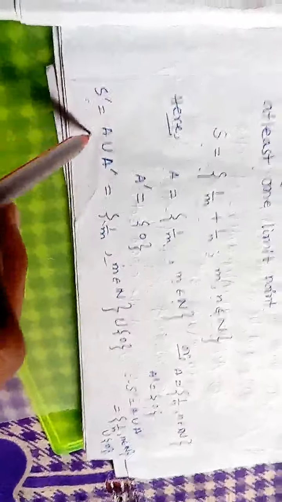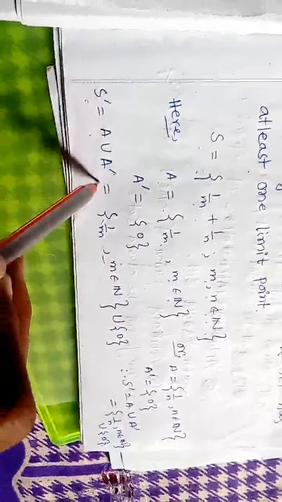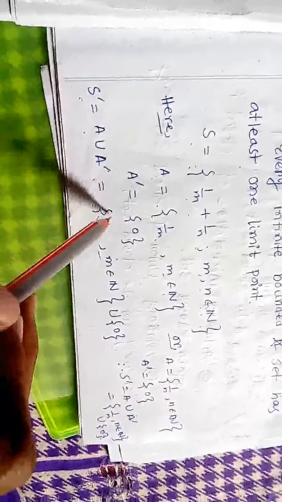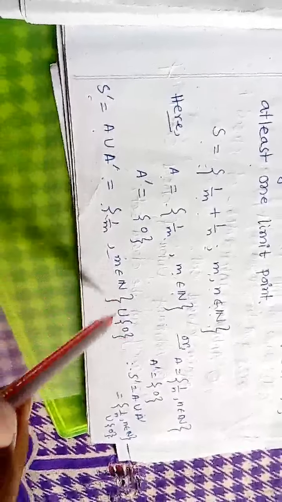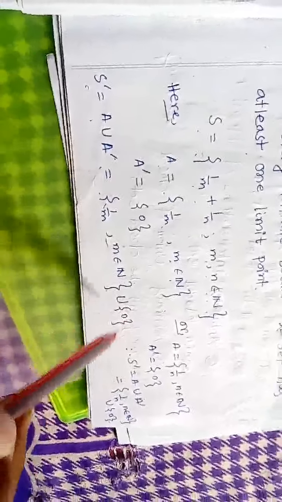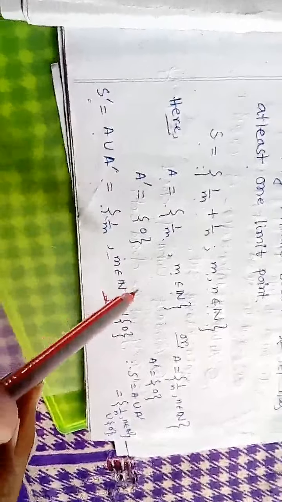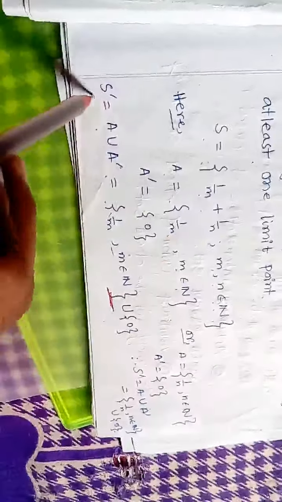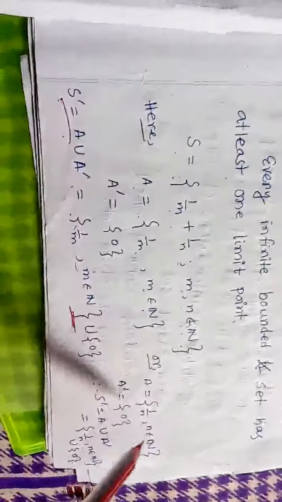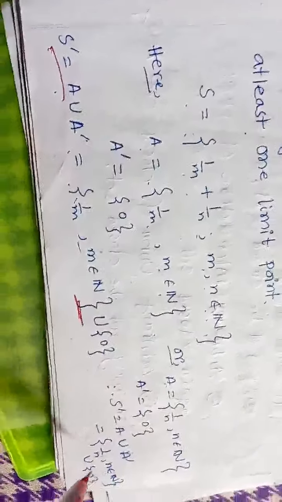So S dash equals A union A dash, that is {1 upon m, m belongs to N} union {0}. That is the derived set of this set. In an alternative manner you can take A equal to 1 upon n, and you will easily get the answer.